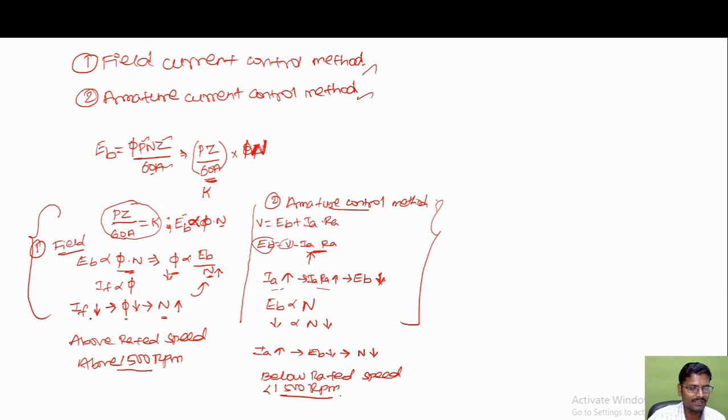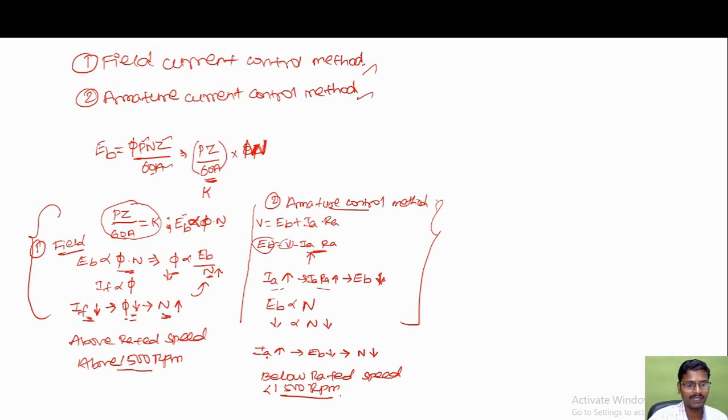Here, if I increase the value of field current, then phi will increase and speed will reduce. If I decrease the field current IF, then flux will reduce, which is inversely proportional to speed, so the speed will get increased.